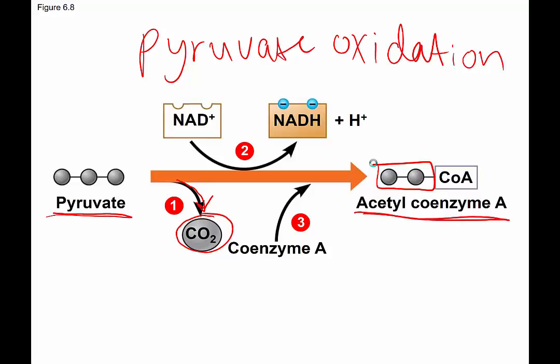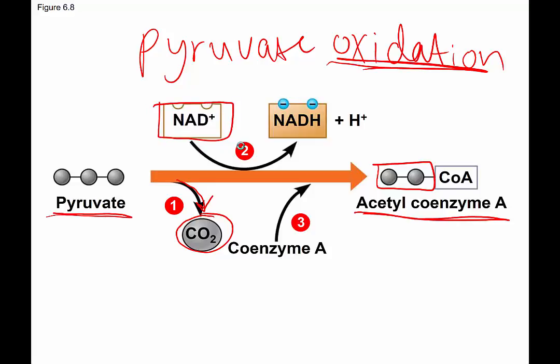In the second step, it's important to remember, again, this step is called pyruvate oxidation. So pyruvate loses electrons. So remember, Leo goes Ger, lose electrons oxidized, gain electrons reduced. So if pyruvate is oxidized, something has to gain electrons or be reduced. In this case, our electron carrier, NAD+, picks up those electrons and becomes reduced.